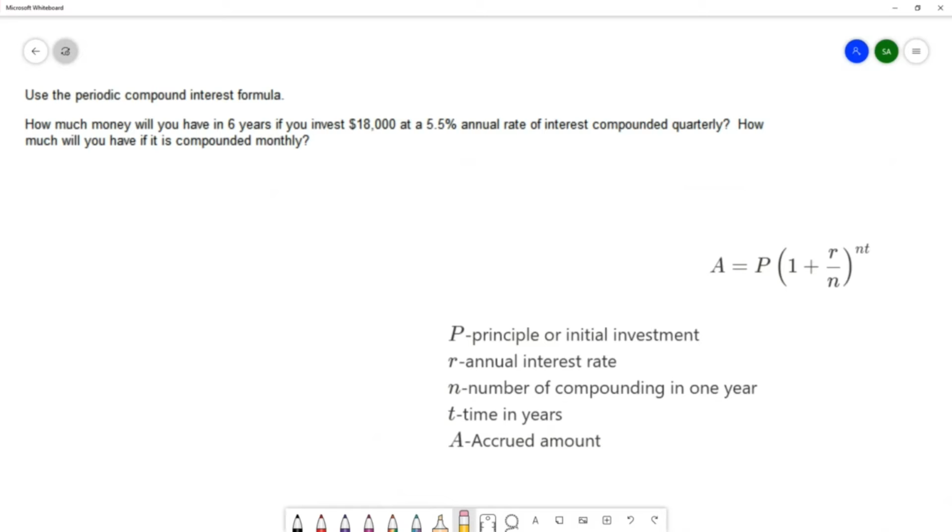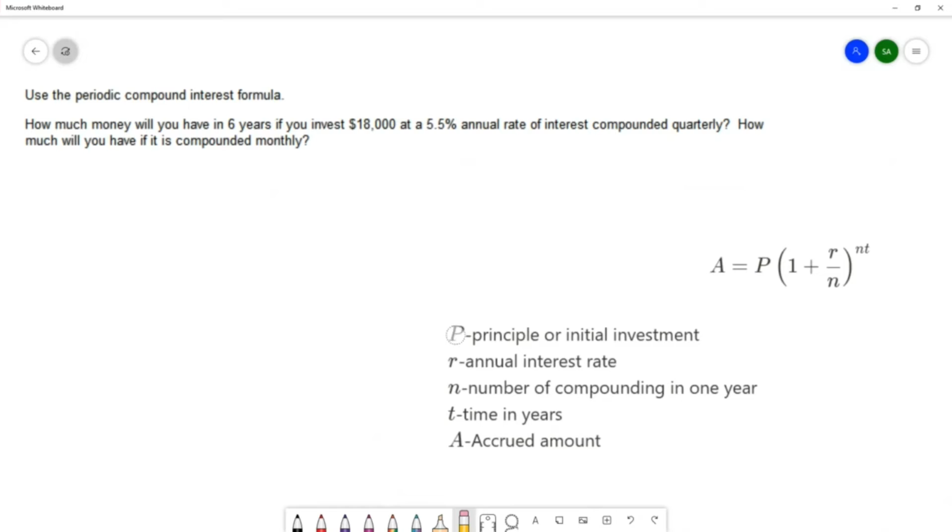So we want to use this periodic compound interest formula, which I have written down here. So this is the formula, A equals P times (1 plus r over n) to the nt. And I've also listed what each one of these variables stand for.